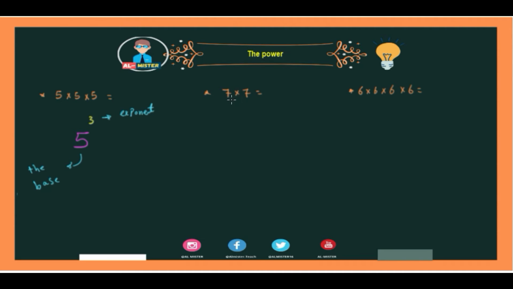Second example, we have 7 multiplied by 7. To express this repeated multiplication as a power expression, we just write 7 like that. And how many times is 7 repeated?